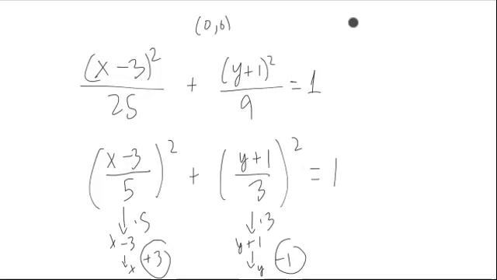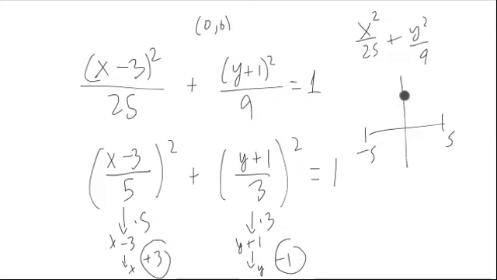It's like we're looking at x squared over 25 plus y squared over 9, where we're stretching by 5 and 3. So from the origin, in the x direction, you go 5, -5, in the y direction, you go up 3, -3. And then right here, you see this 3, -1. That's really just the coordinates of the new center of the ellipse. So we've moved in the x direction 3 and the y direction down 1.